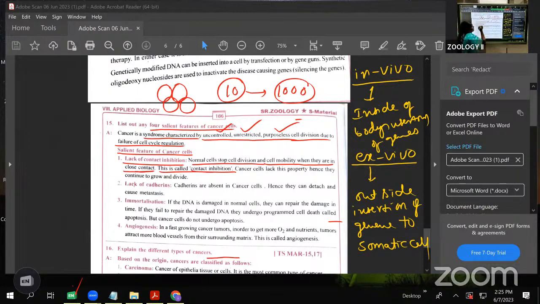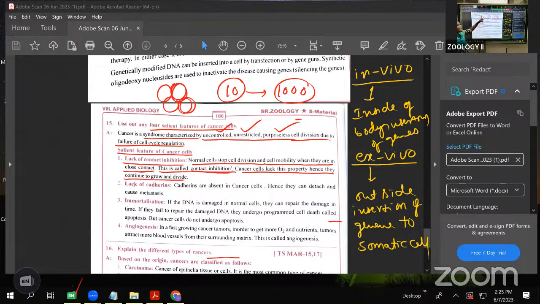Contact inhibition means the cells are arranged closely, so there is no chance of cell division. In cancer, the contact inhibition is lost. That's why the cells undergo division and form a tumor. Cancer cells lack this property, hence they continue to grow and divide.